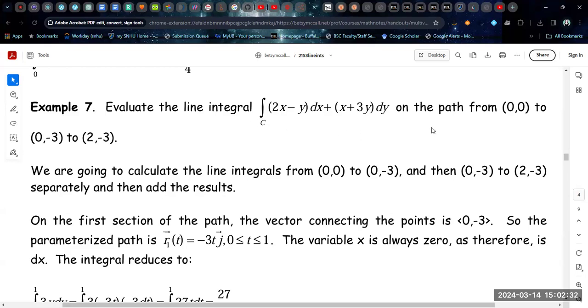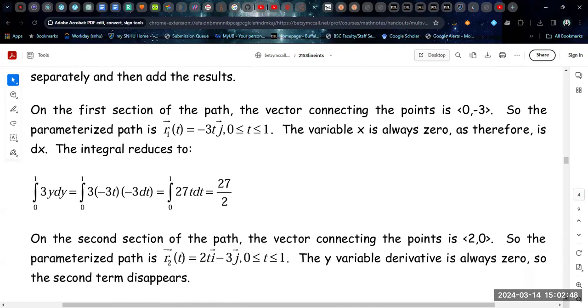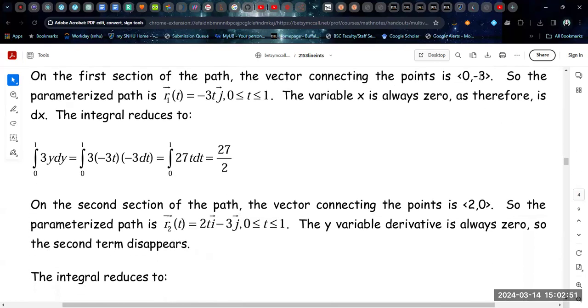Now, on this particular example, we're doing several paths. So we're going from 0, 0 to 0, -3, and then we're going from there to 2, -3. So we're going to calculate them separately and then add the corresponding results. So in the first section of the path, we're connecting the origin to 0, -3.